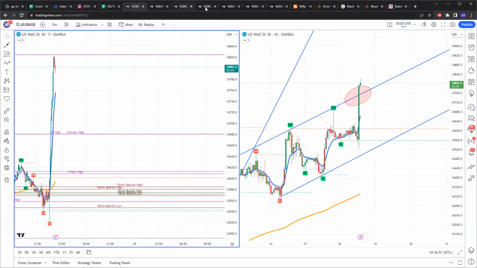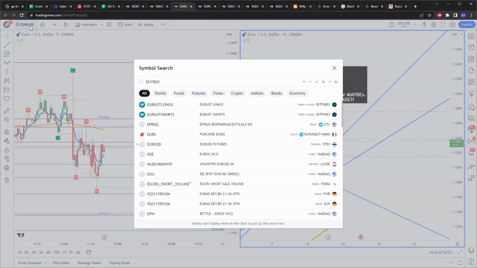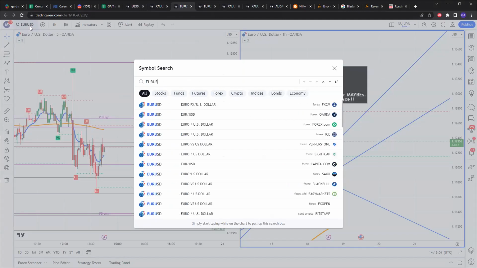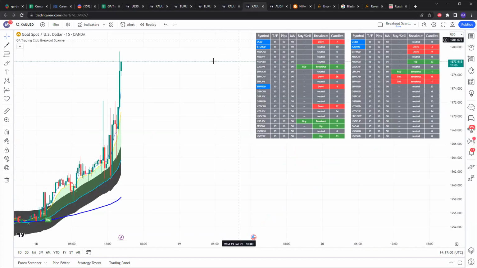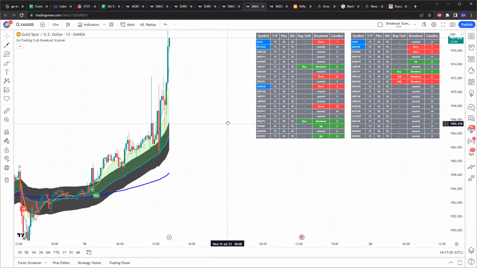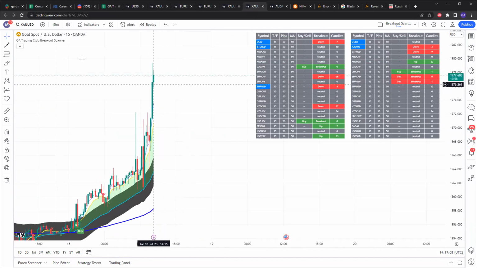But for FX pairs, like EU, I just use the first one that comes up, which I think is FXCM. Just by the way, for FX pairs, I use the FXCM chart, but that was just a by the way.